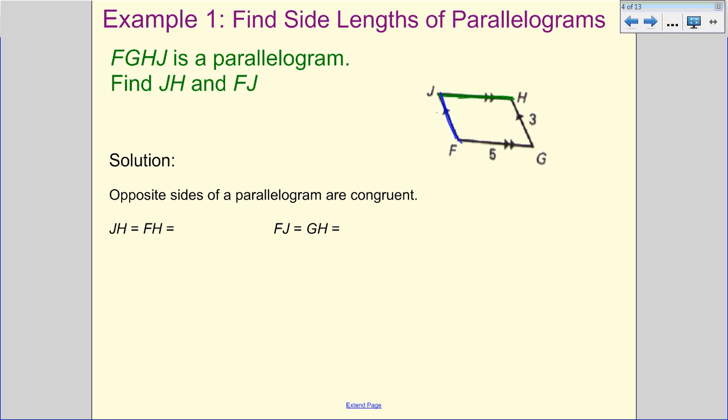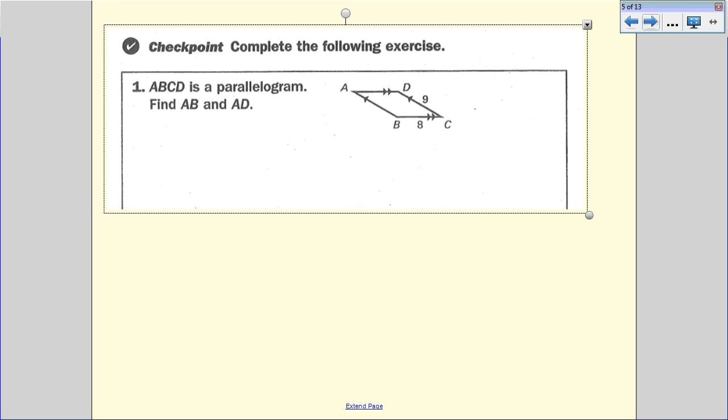Since opposite sides are congruent, JH is equal to FG, which is going to equal 5. And FJ is equal to GH, which equals 3. That's that easy. So ladies and gentlemen, you can see you're going to do the next point.